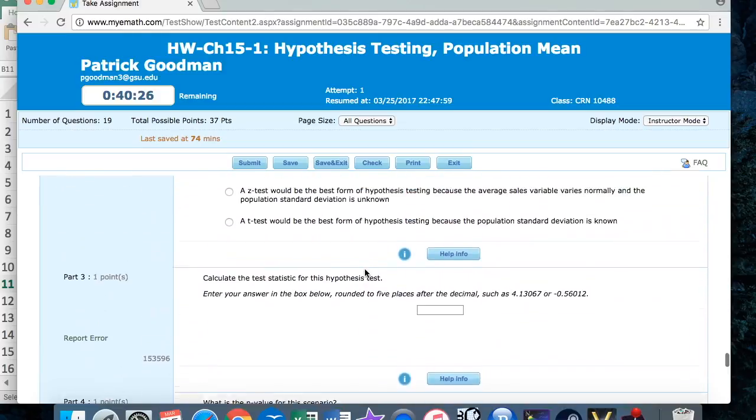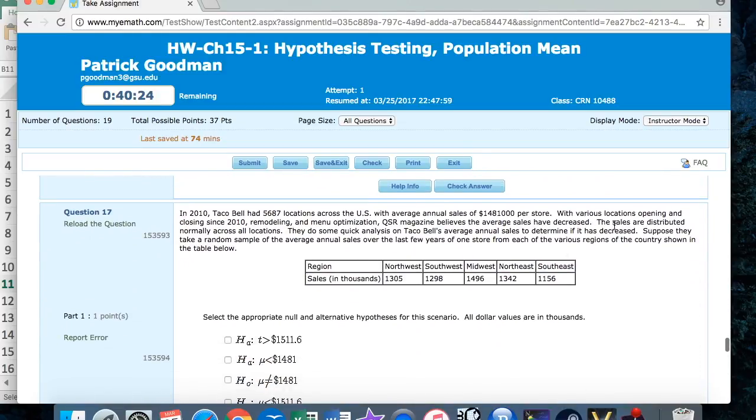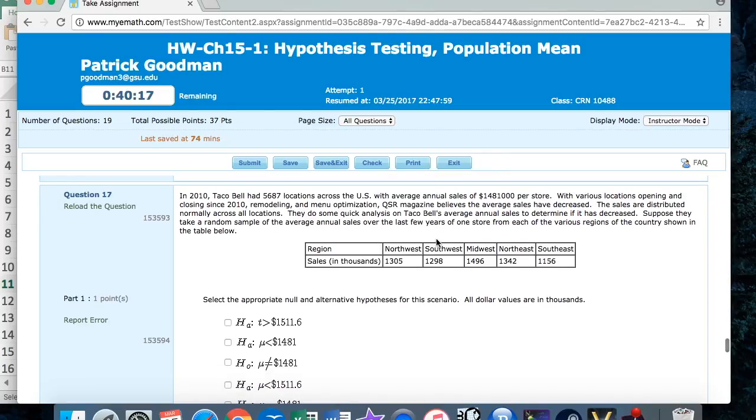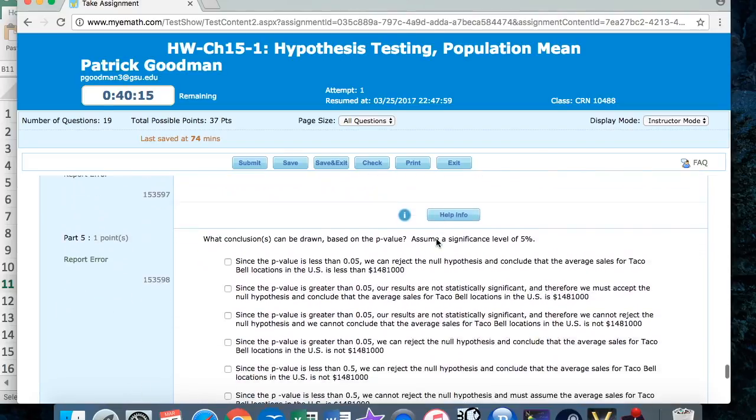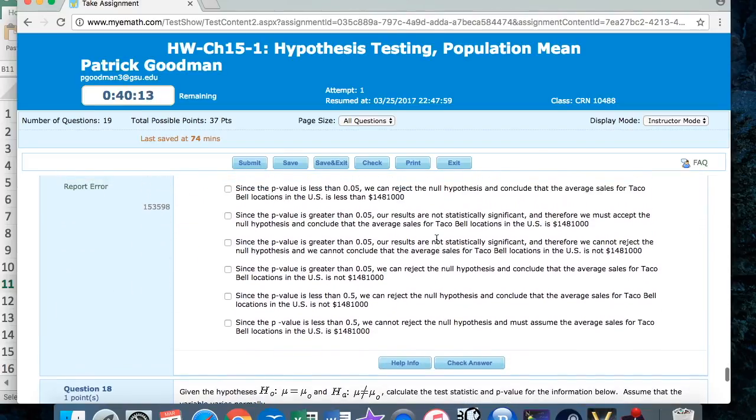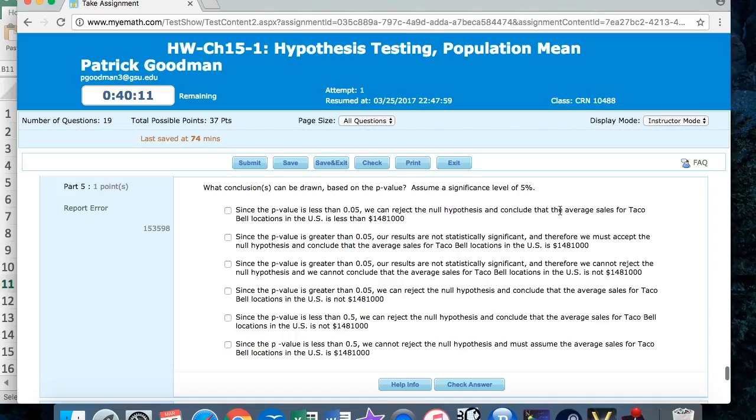Okay, so this depends on our hypothesis. Well, what's our hypothesis in the question? What are we trying to do? They say that they believe the average sales have decreased, so Taco Bell isn't making as much money as it used to. So that means it's a left-tailed test, or it's decreasing. So we conclude the average sales for Taco Bell locations in the US is less than this amount. So this would be my answer right here.